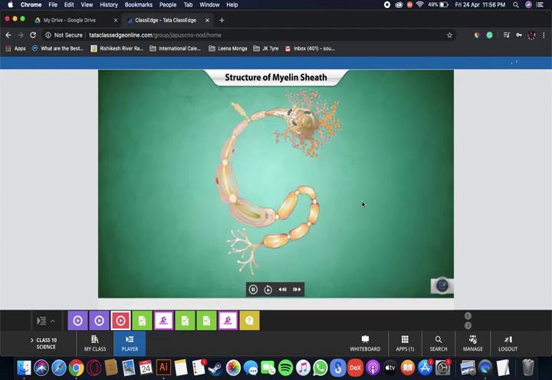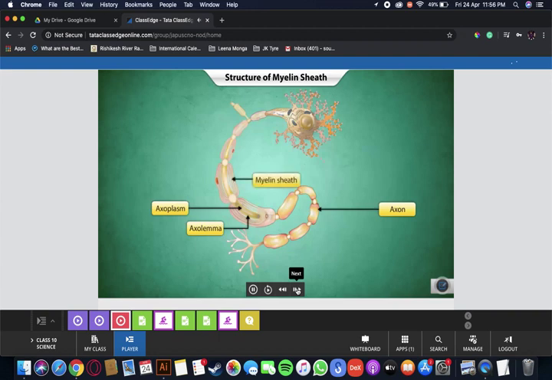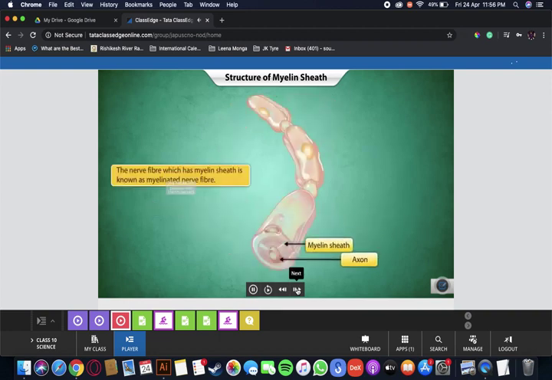Often, the axons of some neurons are covered with a sheath of phospholipid or lipid. The sheath of phospholipid is called myelin sheath or medullary sheath. The nerve fiber which has a myelin sheath is known as myelinated nerve fiber or medullated nerve fiber.